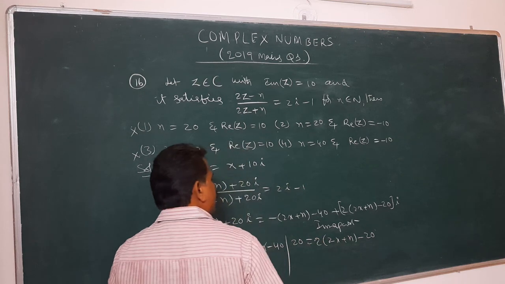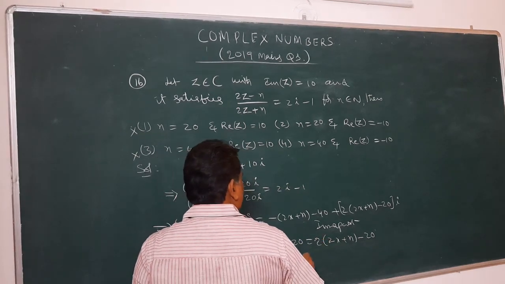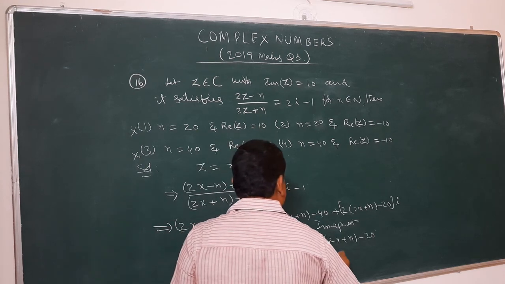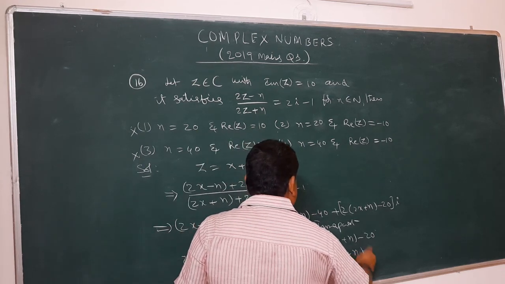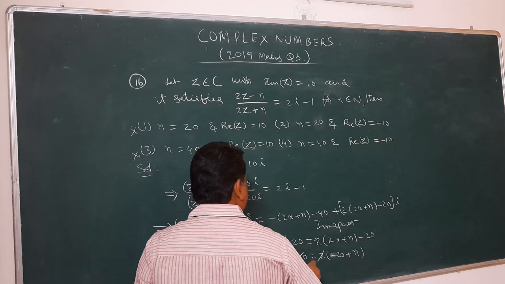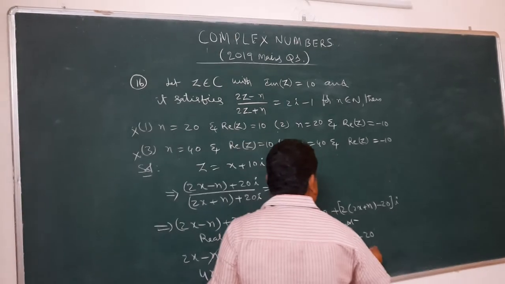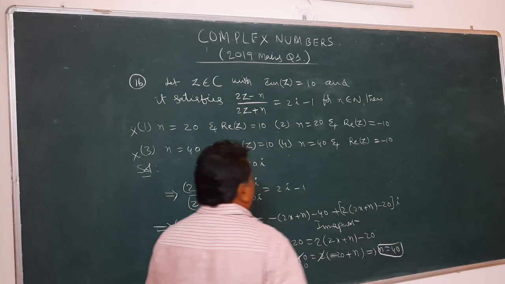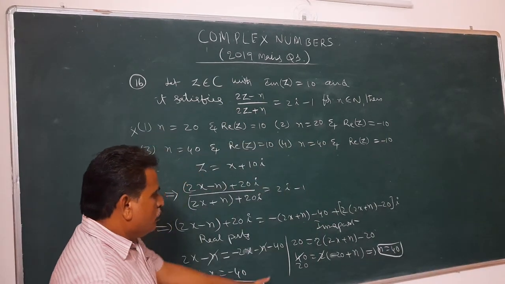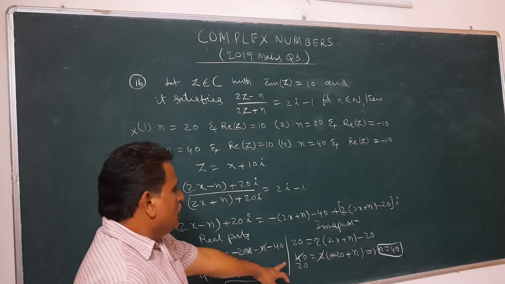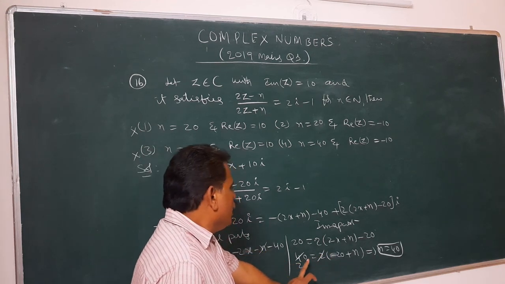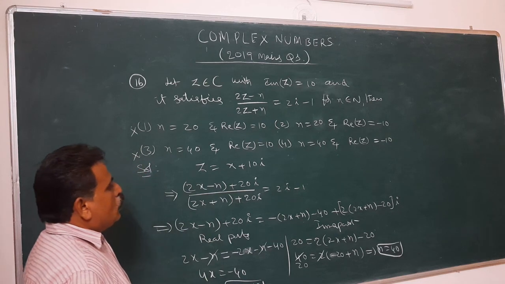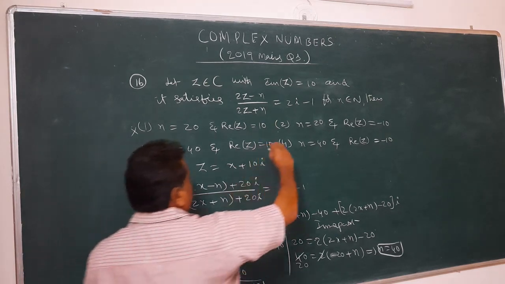Taking minus 20 to this side, 40 equal to 2 into (minus 20 plus n). 2 cancels 20 times. Therefore n equal to 40. We get n equal to 40 and x equal to minus 10. So the option is the fourth option.